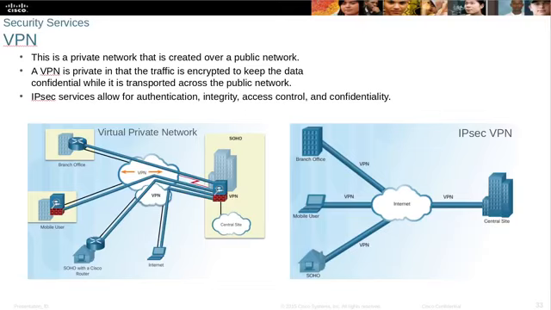So the VPN is private, and it will keep the traffic inside the encrypted tunnel totally confidential. IPsec is a service which allows for authentication, integrity, access control and confidentiality. Confidentiality is normally done via encryption, and integrity is done via hashing.